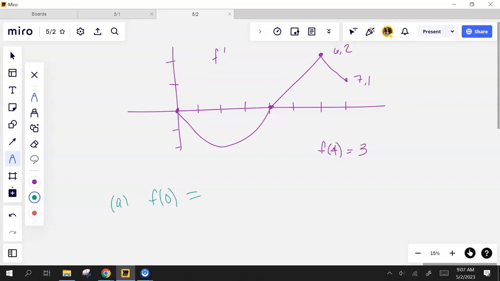So actually what we'll do is f of 4 plus the integral from 4 to 0, since they gave us f of 4. Yes, so we're going to end up subtracting it.